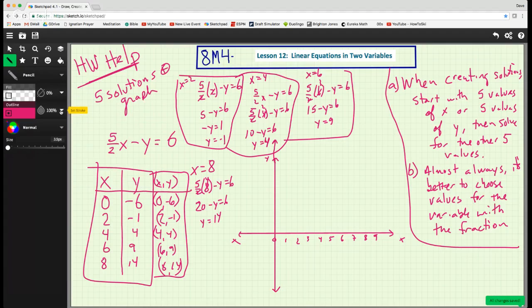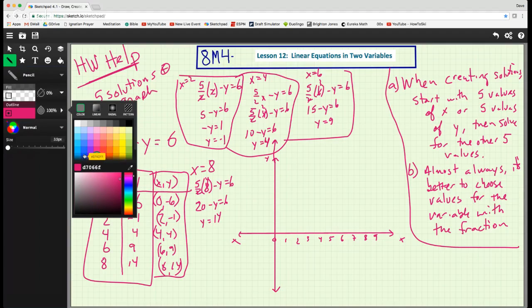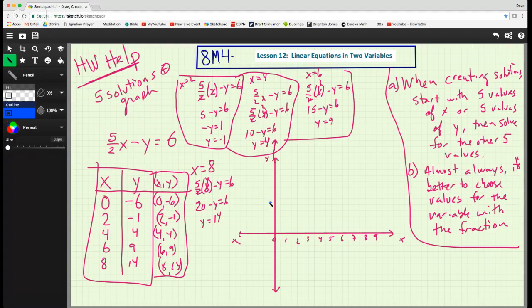I'm going to label it in a different color so that we can see it a little better. 1, 2, 3, 4, 5, 6, 7, 8, 9, 10, 11, 12, 13, 14, 15. This is 15 right here. 1, 2, 3, 4, 5, minus 5, 1, 2, minus 10.